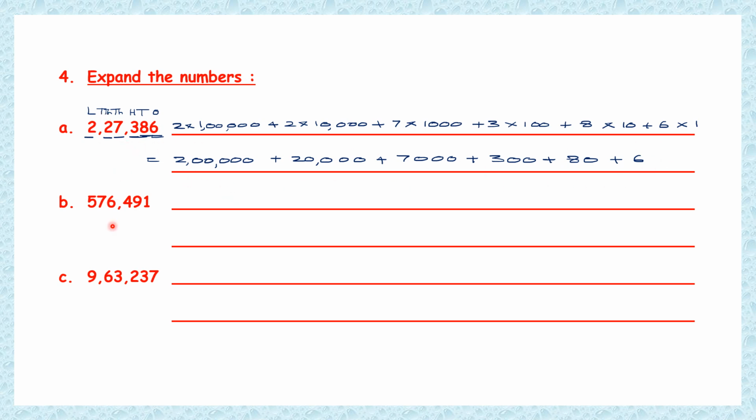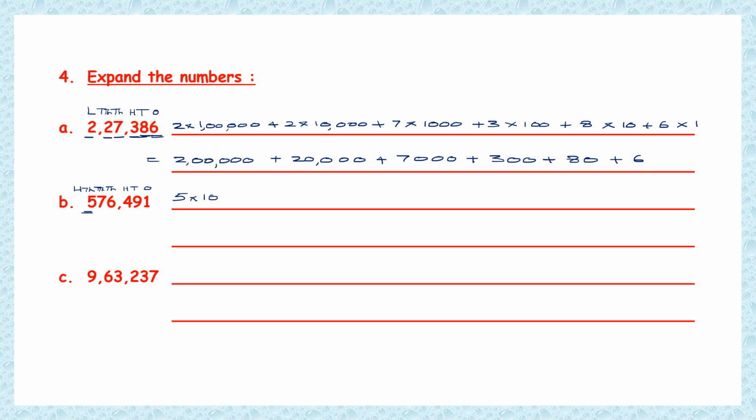Now let's go to the next number. So here, as you can see, this is in the international system because there are only 2 periods. Now let's write the places above this. So this is ones, tens, hundreds. This is thousands. This is 10,000 and this is 100,000. In the international system, you have 100,000. So let's begin with the first digit, 5 into 100,000.